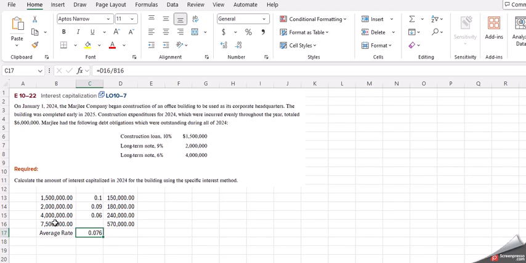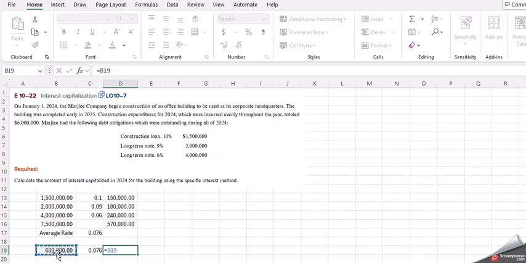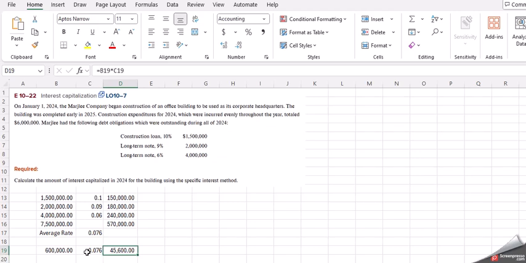So then if we paid out the $6 million evenly throughout the year in construction costs, we're going to use that rate of interest. Oops, I need to add another zero in there, which I will go back and do. So then we would calculate the amount of interest that would be fair to capitalize to the loan. So we would use that average rate times the amount that we incurred evenly through the year. Okay, so that is it then for those long-term assets.